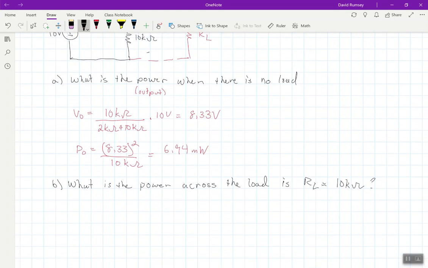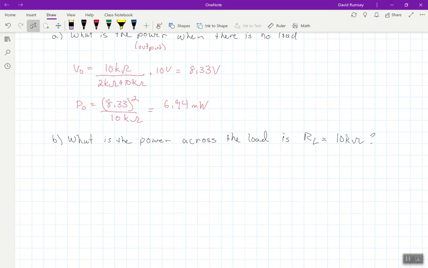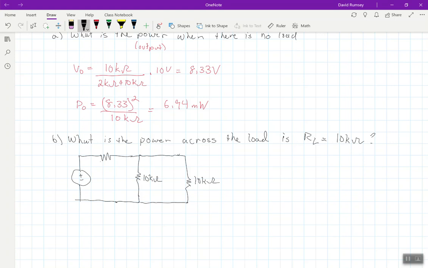And so let's redraw the circuit so we can see what we have here. So this is the circuit I have here.